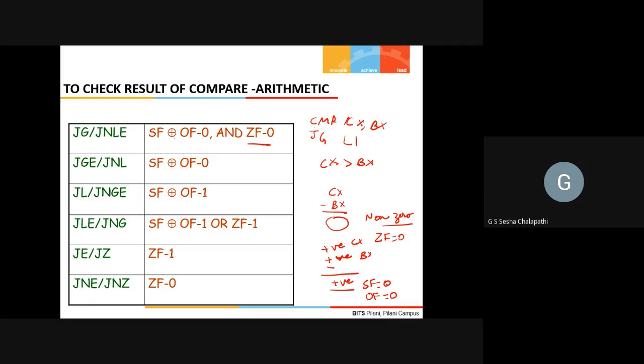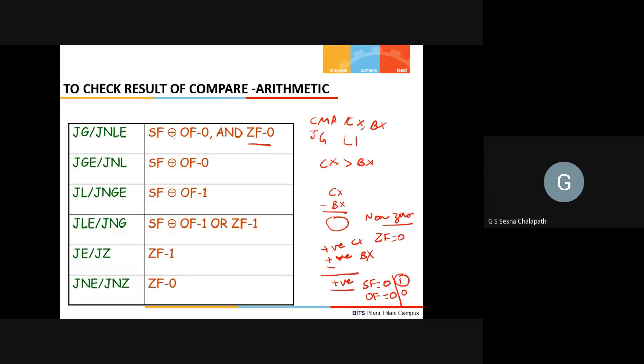If the overflow flag is 1 and the sign flag is 0, what does that mean? Subtraction of two positive numbers has led to a negative number. When will that happen?